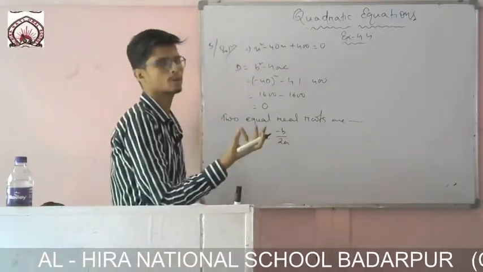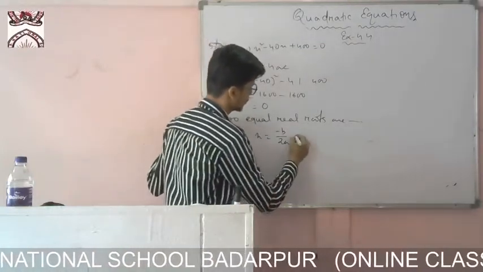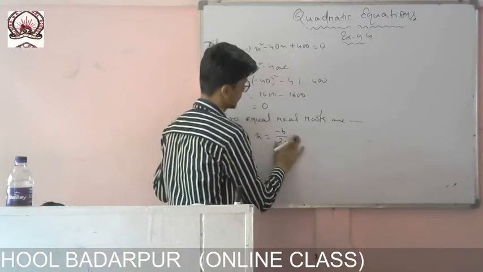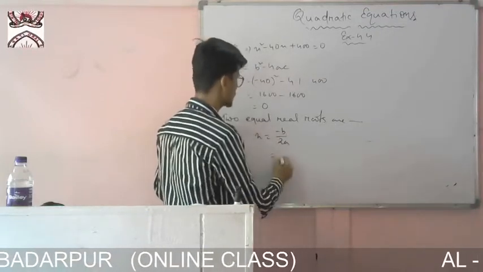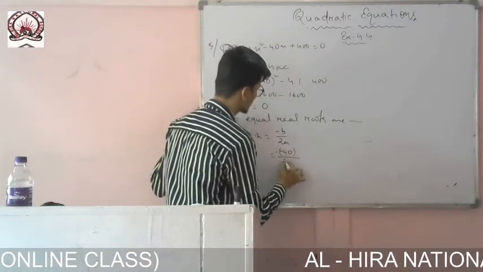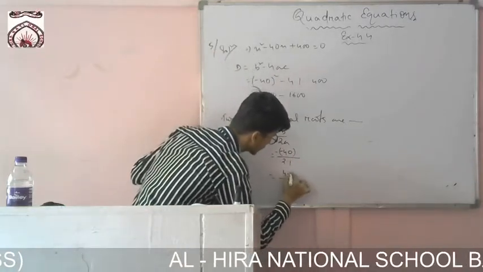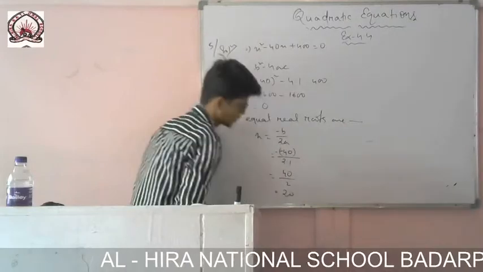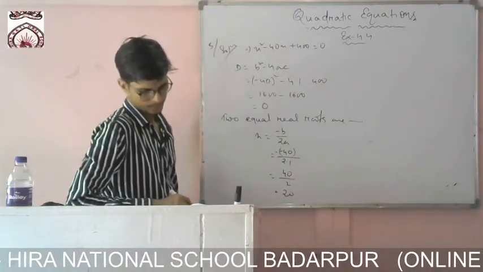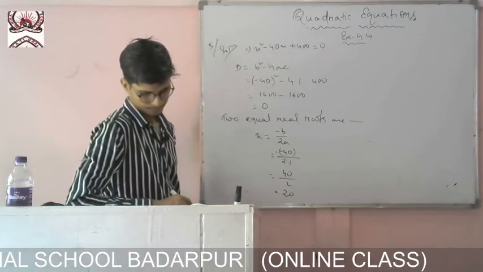So it will be minus b by 2a, which equals minus of minus 40 by twice a. Here a is 1, so it will be 40 by 2, that means the answer is 20. So both the roots are 20, which means length and breadth are equal to 20.